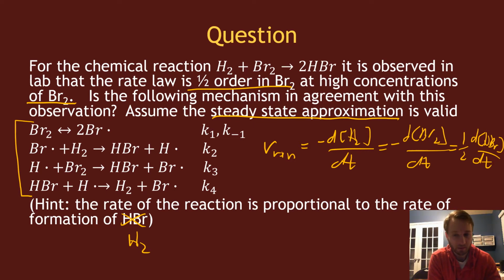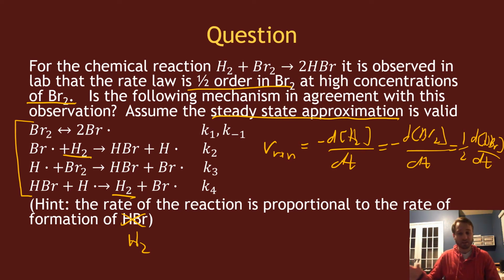I could pick any of these three and get the same answer. If you look, H2 only appears in 2 reactions, while HBr appears in 3, and Br2 appears in 3. So let's pick H2 here.